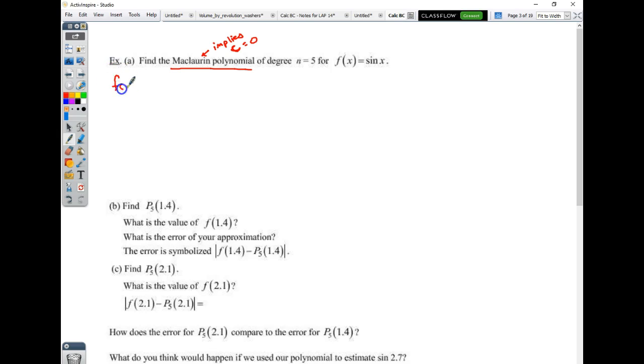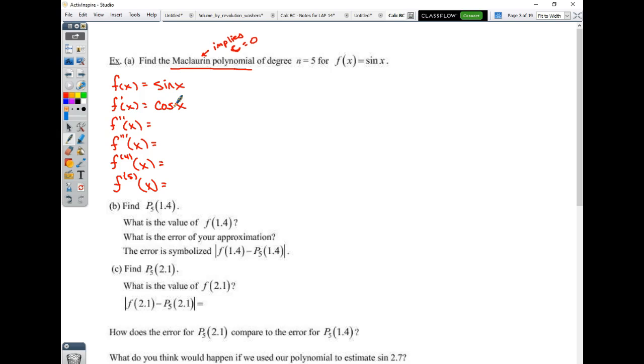So we need f of x, f prime, f double prime, f triple prime, the fourth derivative, and the fifth derivative, because that looks like fun. Now I'm personally okay with doing a fifth derivative of this particular question, because the derivative of sine is cosine. By the way, for those of you who thought you were going to forget your derivatives, you're back.